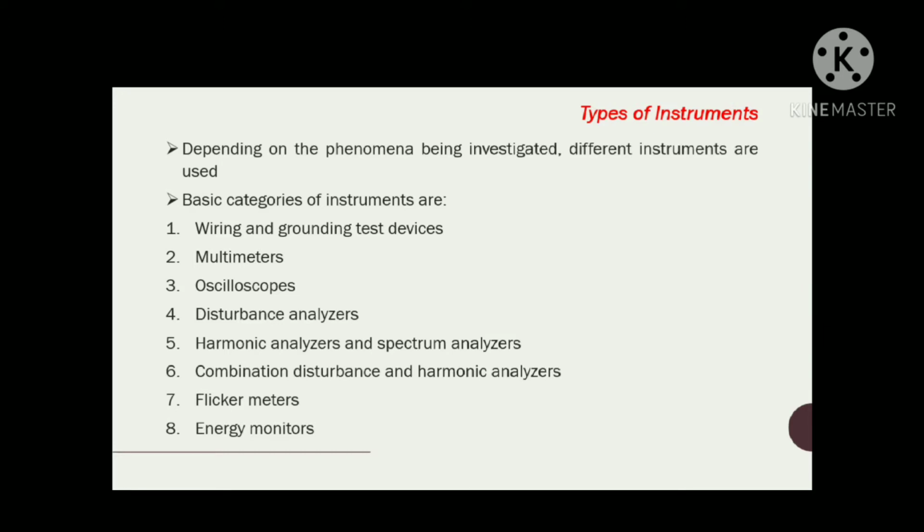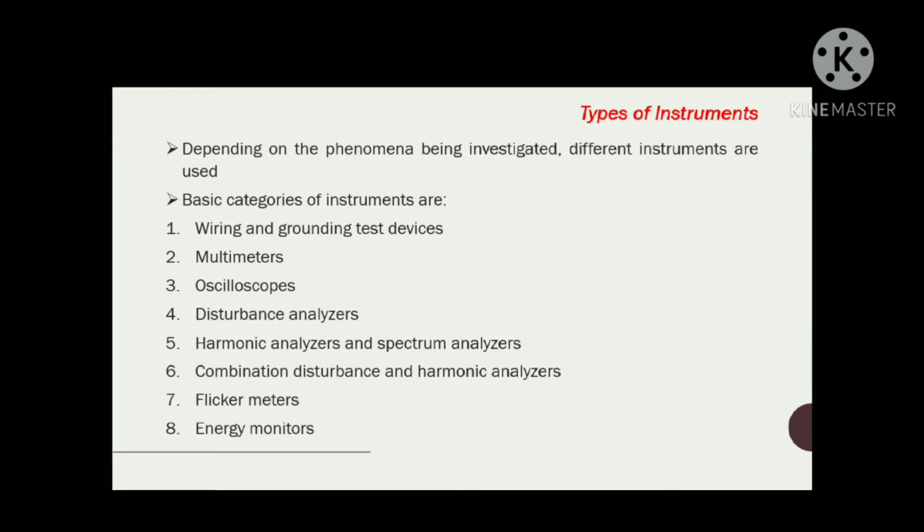The basic categories of instruments that may be applicable include wiring and grounding test devices, multimeters, oscilloscopes, disturbance analysis, harmonic analysis and spectrum analysis, combination disturbance and harmonic analysis, flicker meters, and energy monitors.